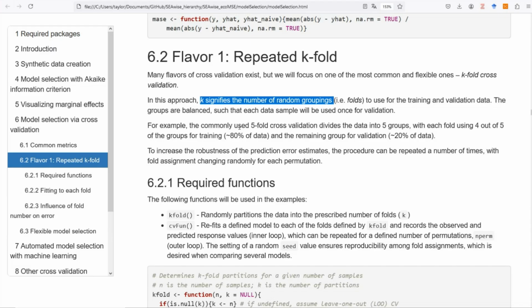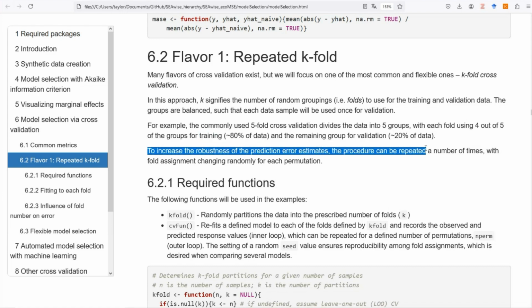For example, the commonly used 5-fold cross-validation will divide the data into 5 groups, where 4 out of the 5 are used for training the model and defining the covariates that we're going to use. And the other 20% is used for the prediction of the model. And as I mentioned before, to increase the robustness, we repeat it a number of times.